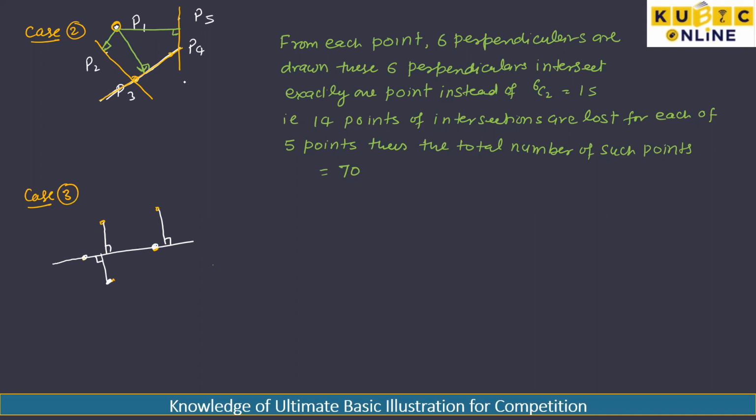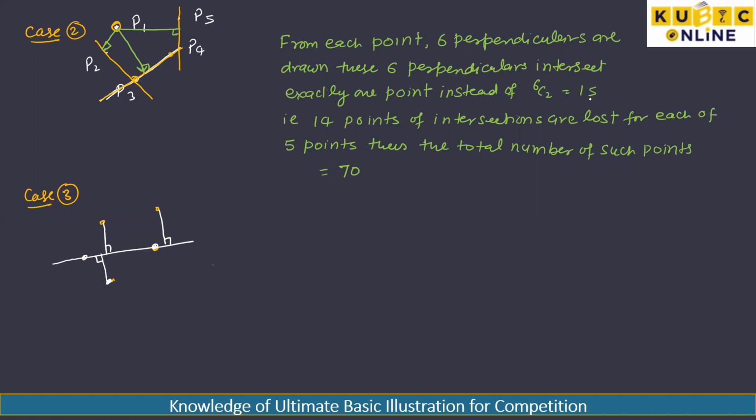So I'm repeating case number 2 once again. We have such 6 lines, but from P1 we have to draw perpendiculars. So the total number of points of intersection of perpendiculars will be 6C2, and 6C2 means we get 15 points of intersection.